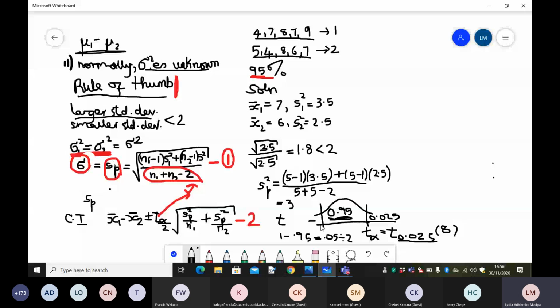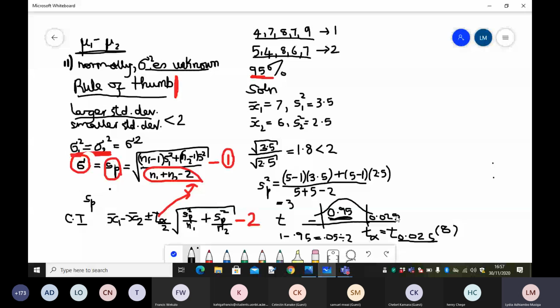Because remember, this 0.95 is a middle area. If it is a middle area, what is on the right and what is on the left should be equal. So now that 0.05 we divide by 2. If we divide by 2, then the area on the extreme right is 0.025 and the area on the extreme left is also 0.025.